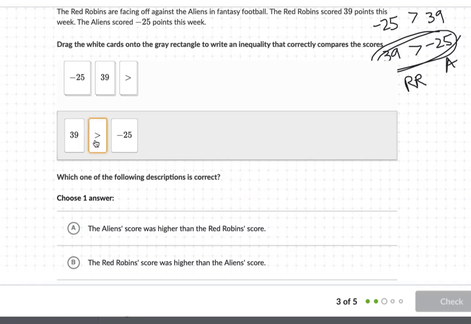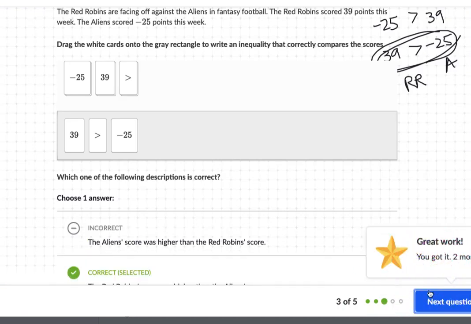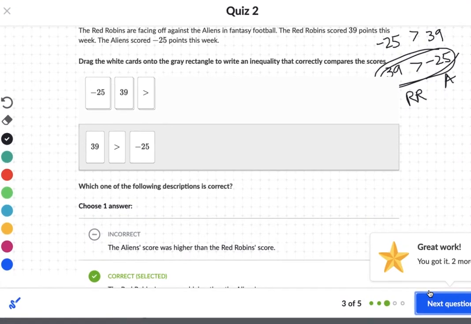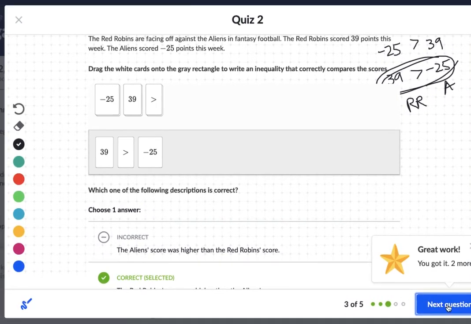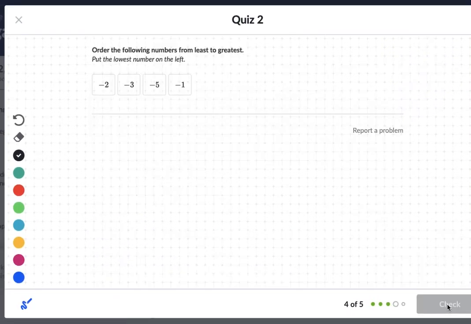This is the greater than sign, so the bigger number should always be on that bigger side. So the 39 was the Red Robins. The Red Robins scored higher than the aliens. Should have gotten B. Okay, that one looked confusing, but it wasn't too bad.